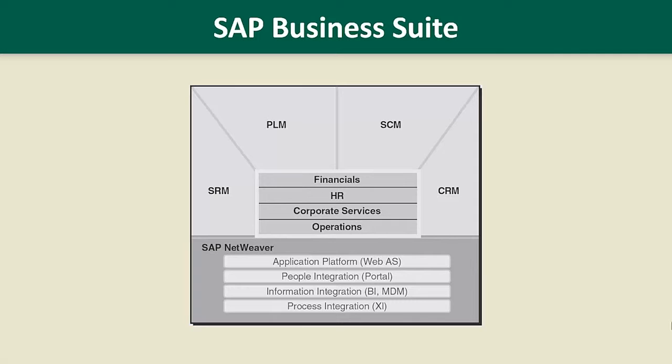So here we see an illustration of an SAP Business Suite. This is their illustration of an ERP system, its basic structure. And you'll notice it's a little different than the diagram we were looking at earlier, but it still contains mainly the same parts. At the heart, or the core, is OLTP, the core processes necessary to run the business: financials, HR, services, operations.